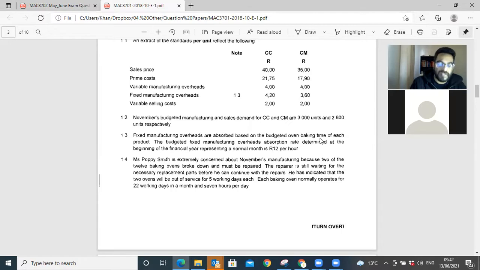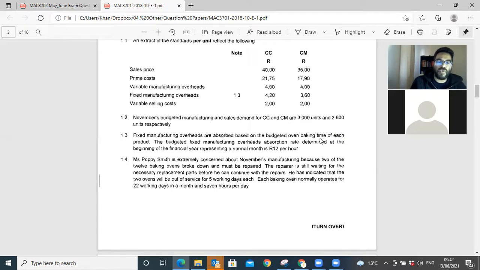So that means we will be able to work out the total number of baking time that we will have for November, given the constraint. The constraint is that 2 is out of order for 5 days. Okay.